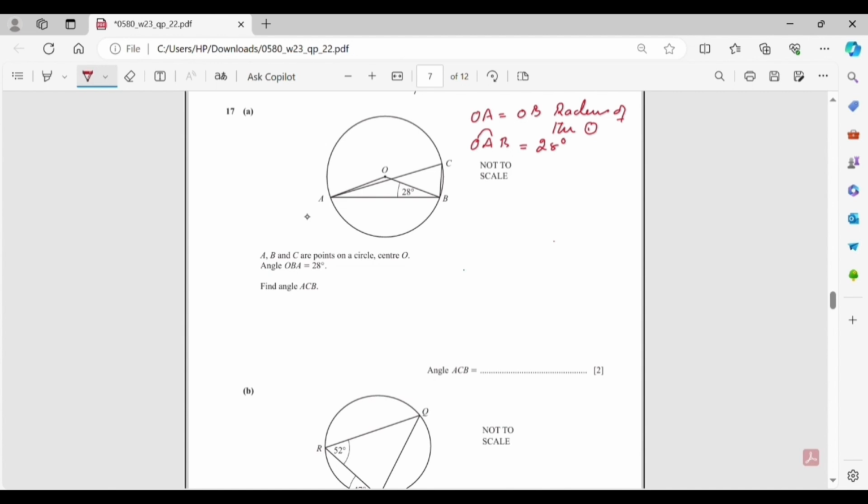So angle AOB will be equal to 180 minus 28 plus 28, which equals 124, right? So this will be 28 and this will be 124.